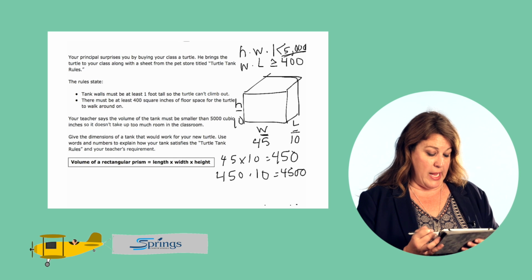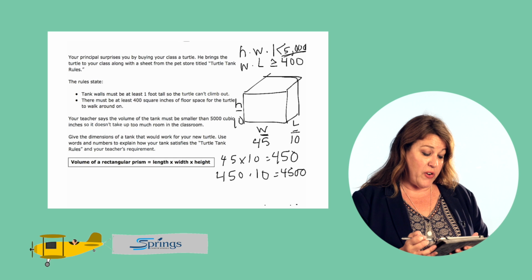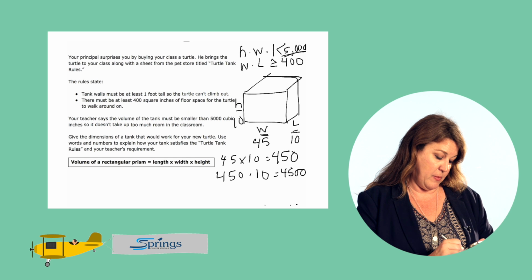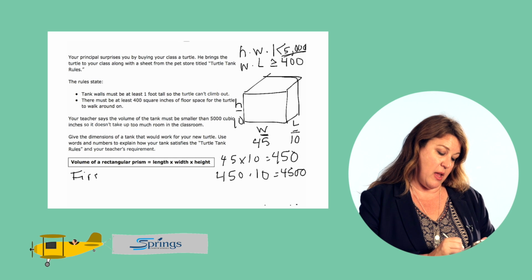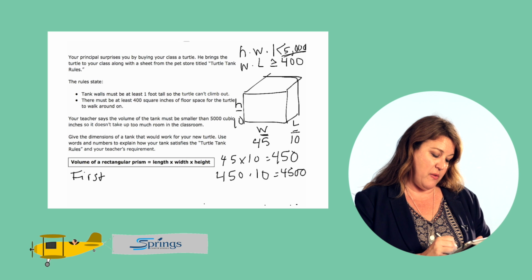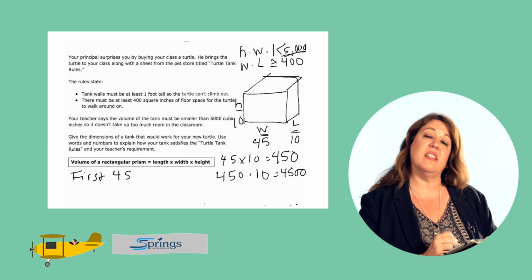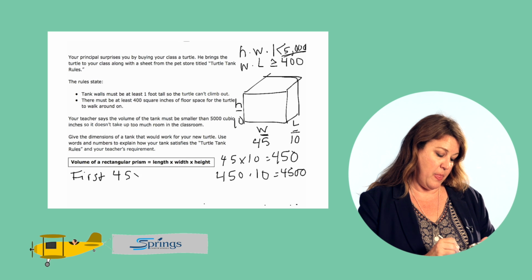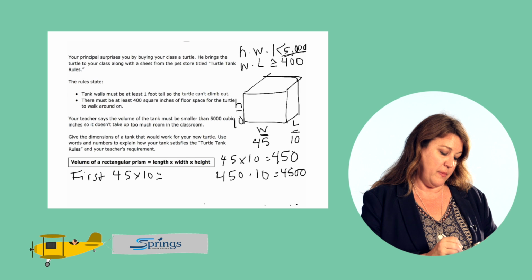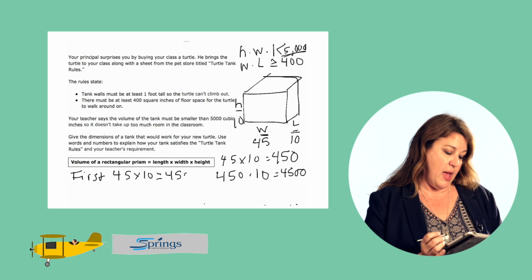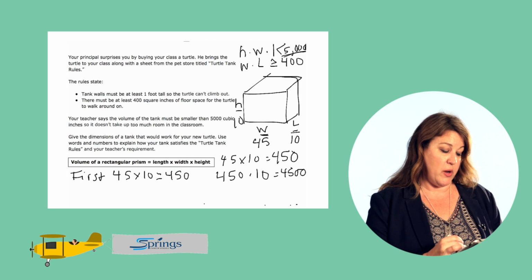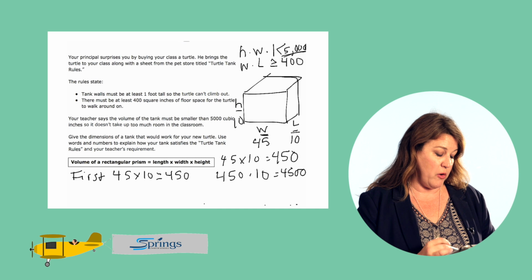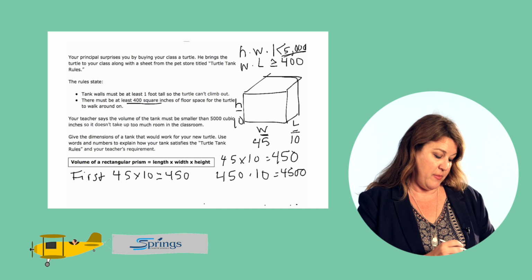So let's explain that using our words. First, I chose a width of 45 times a length of 10, so that gives me 450 square inches of floor space for the turtle to walk around. That meets the requirement that it's at least 400 square inches.